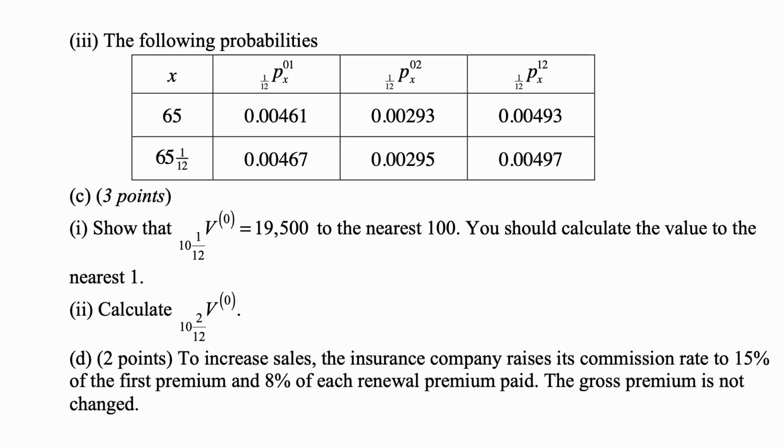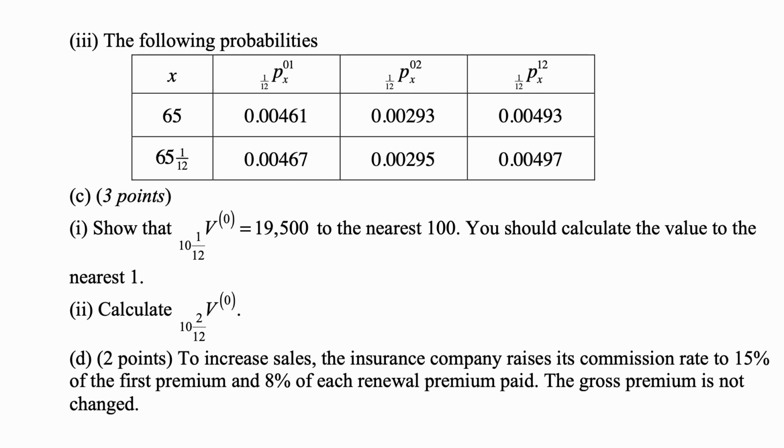We are also given the following probabilities for age 65 and 65 and 1/12 of transition from state 0 to state 1 within 1 month, so 1/12 of a year, and for transition from state 0 to state 2 within 1 month, and for transition from state 1 to state 2 within 1 month.